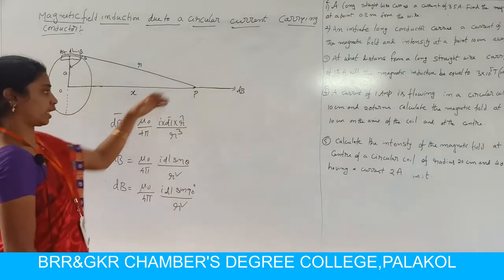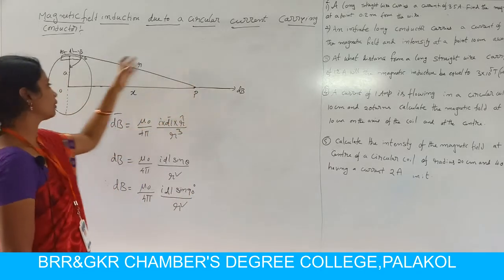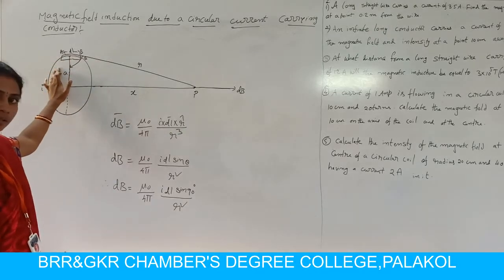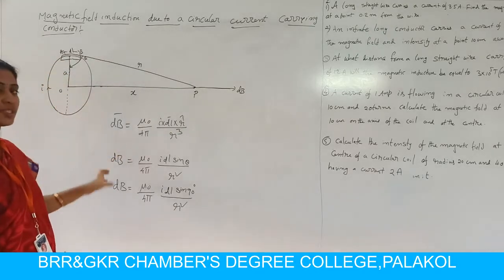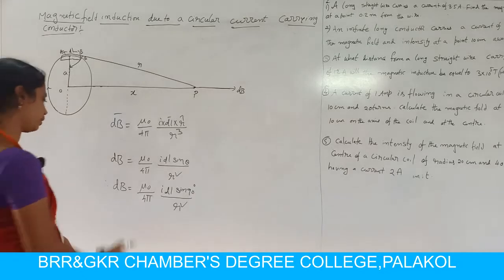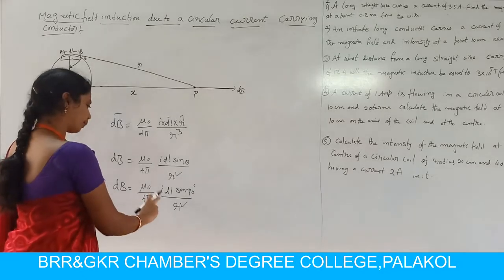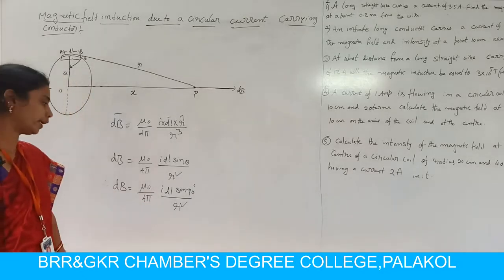Here this dB, the magnetic field induction, is perpendicular to this elemental length and r, hence the angle is considered as 90 degrees. Therefore dB equals mu naught by 4 pi, I dl sin 90 by r square.